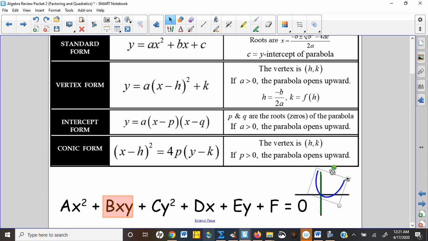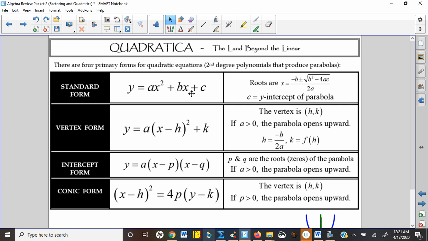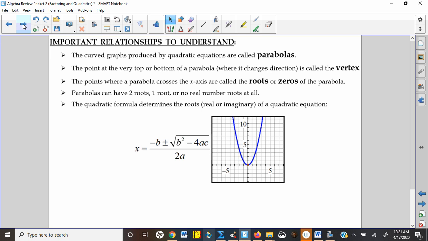Well, you could use that bxy term, and you could turn your parabola any 360 degrees, anywhere around the entire coordinate plane. You can make it rotate. So it gets into some really funky stuff you don't need to worry about right now. But what you really do need to know is ax squared plus bx plus c, because then you can use the quadratic formula anytime you want.